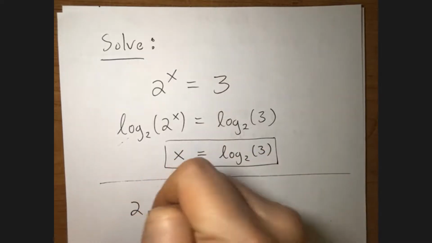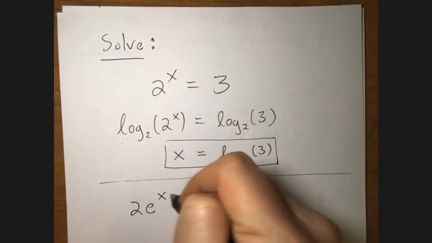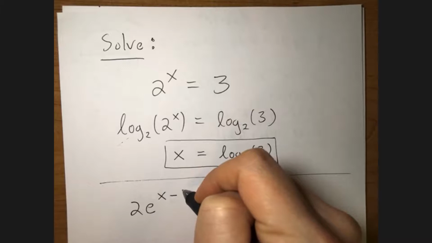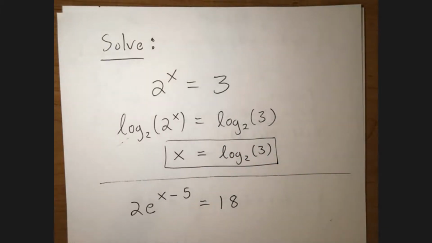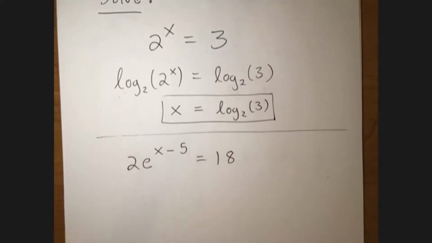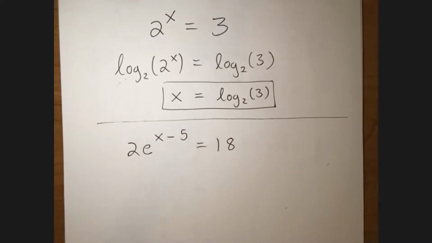Let's do 2e to the x minus 5 equals 18. Remember, e is that number 2.71828..., it's just this irrational number.